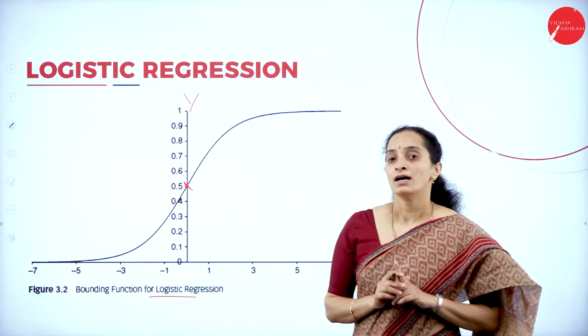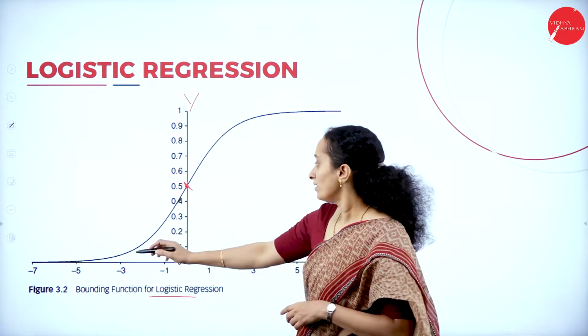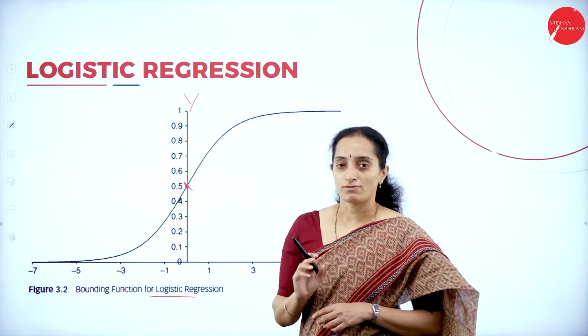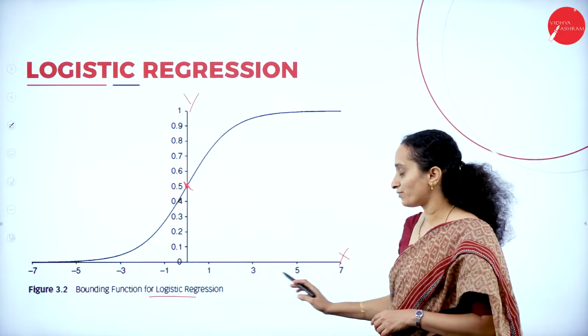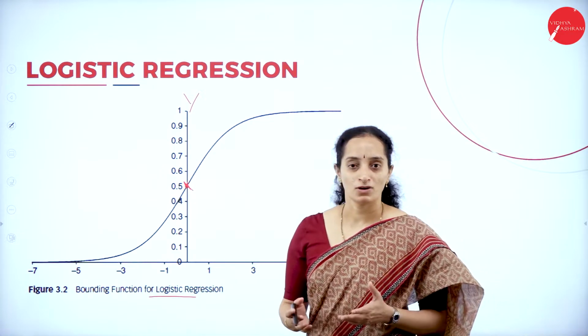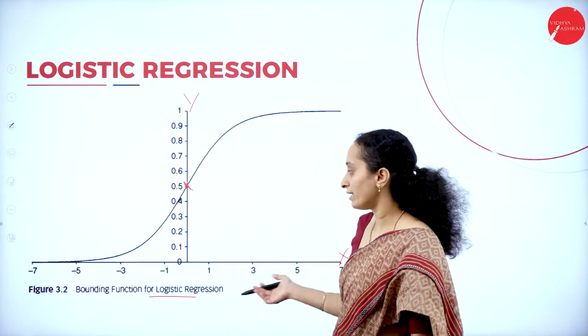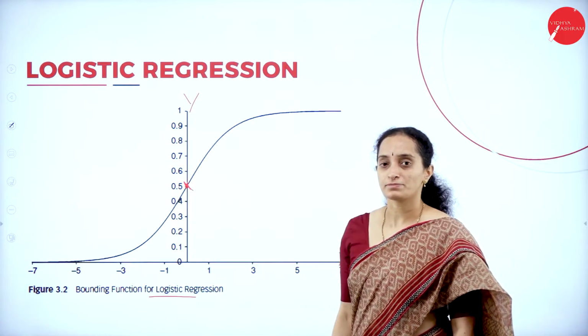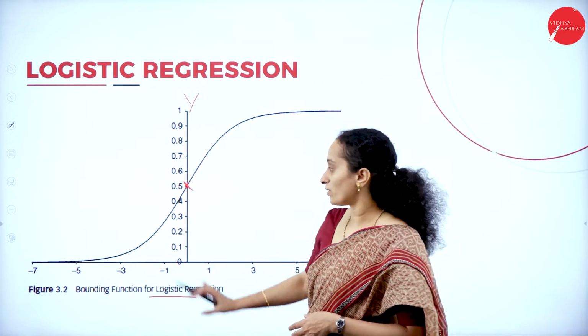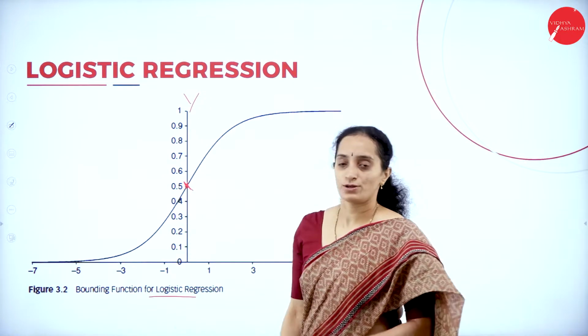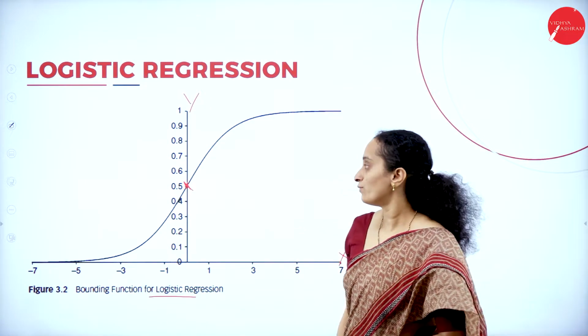When you use the logistic regression model, you get a curve always between the values 0 and 1, in spite of the age or the income or the gender or any value you take. The logistic regression model always takes the sets of values between 0 and 1.